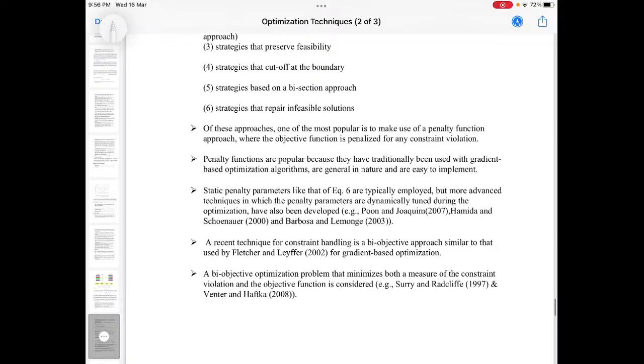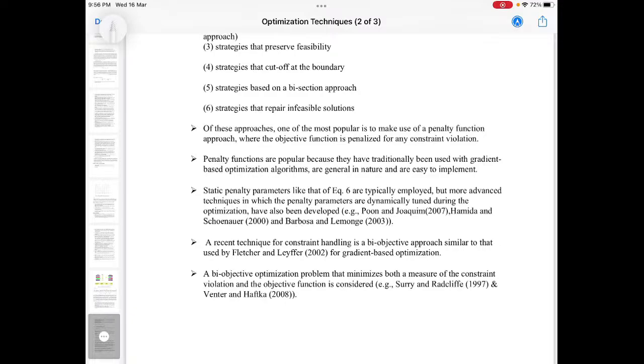So static penalty parameters like that in equation 6 are typically employed, but more advanced techniques in which the penalty parameters are dynamically tuned during the optimization have also been developed. Examples are Joines and Houck 2007, Hamida and Schoenauer 2000, and Barbosa and Lemonge 2003.